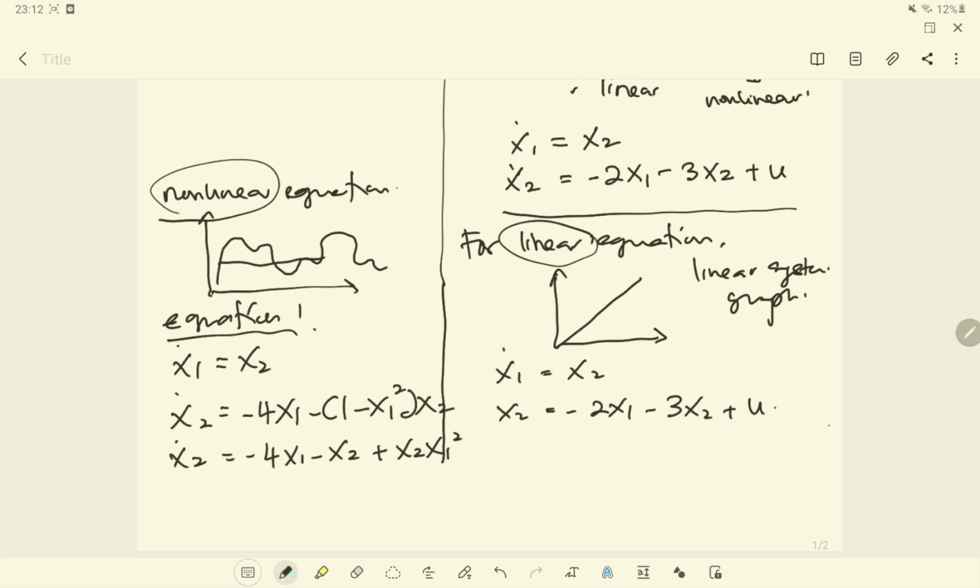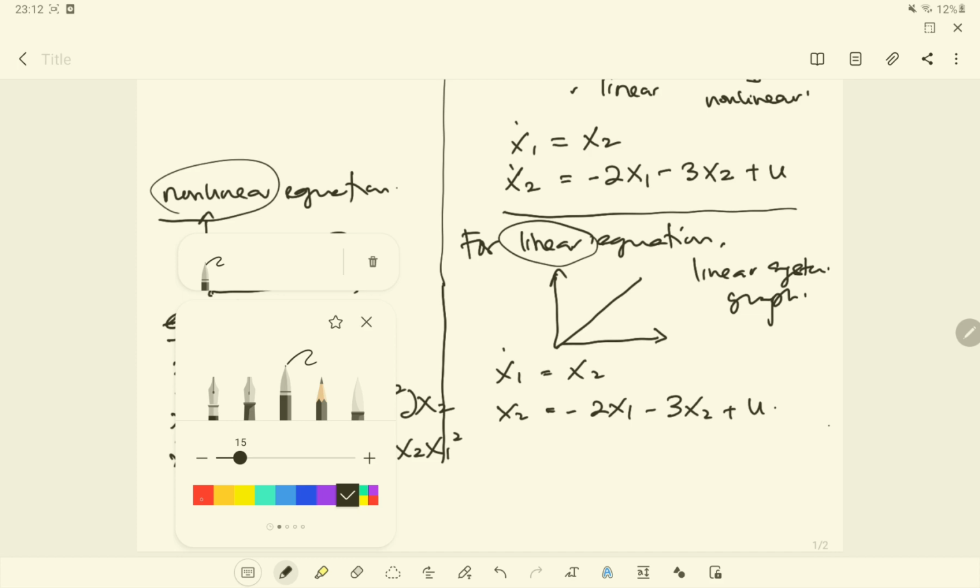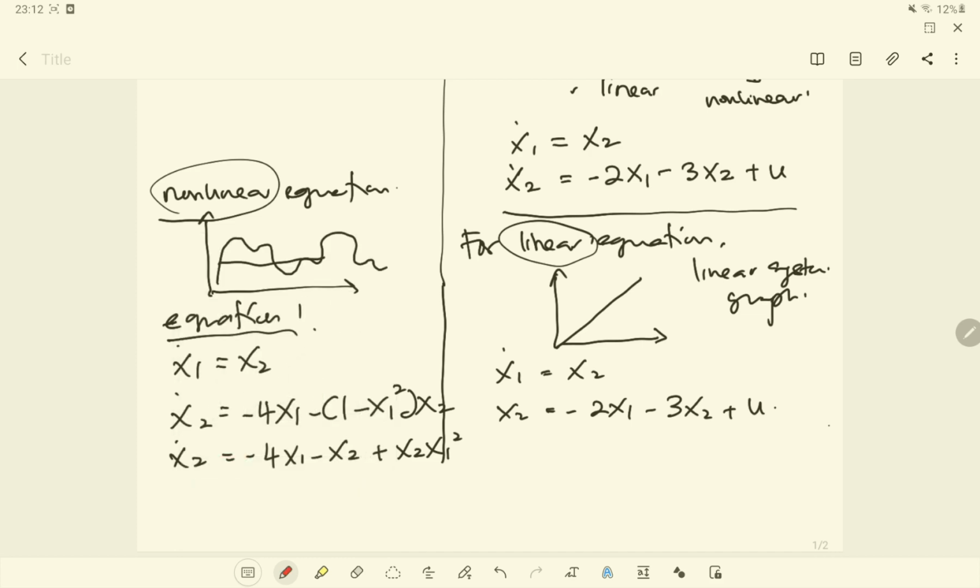So what is the difference between equation 1 and equation 2? For equation 2, the power of x1 is 1, the power of x2 is 1. For equation 1, x1 dot equal to x2, the power is 1.